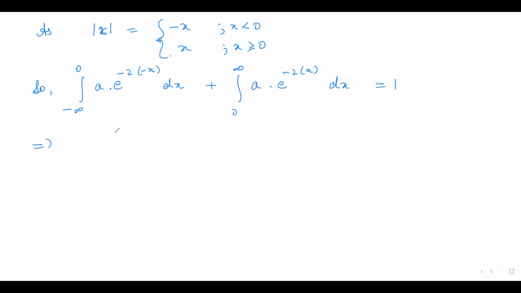After that, it is very easy to calculate. A is a constant term, so it will come outside the integral. So this becomes e raised to the power 2x. This also comes outside, minus 2x. Now let us solve this quickly.